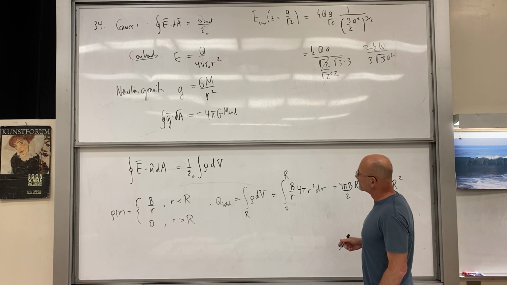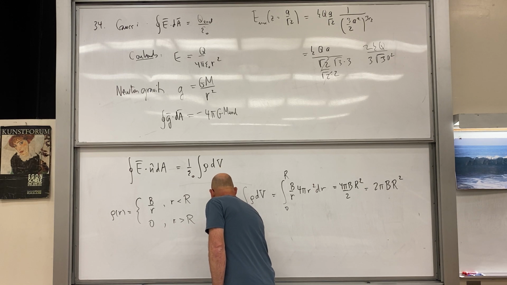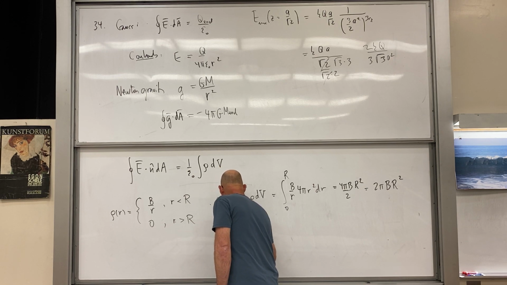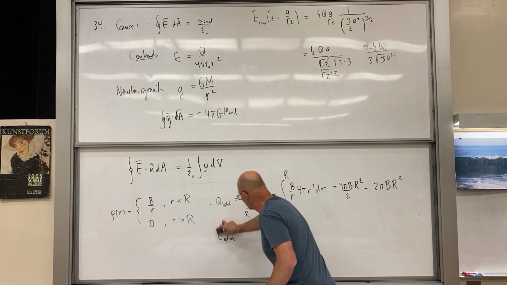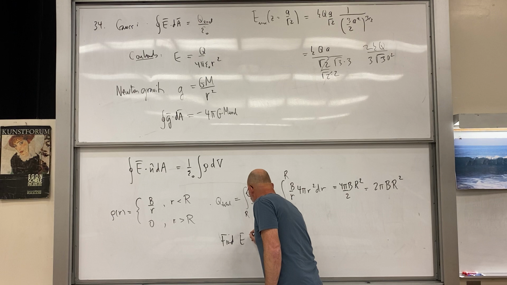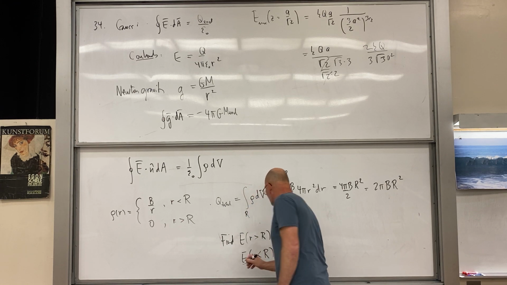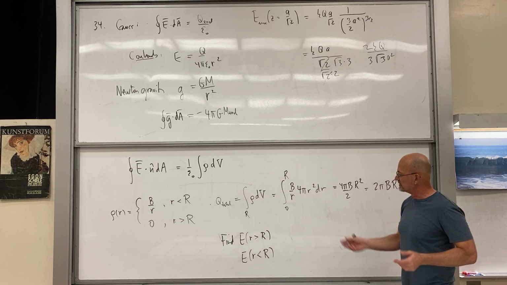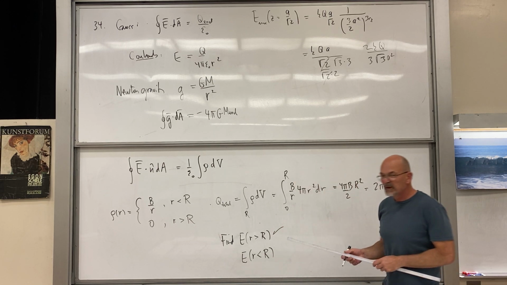Good, so that's the total charge. Let's see what's next. Yes, then we want to find E for r greater than capital R, and E for r less than capital R. Capital R is the radius of our object. Well, this one we already have, because we did it before.